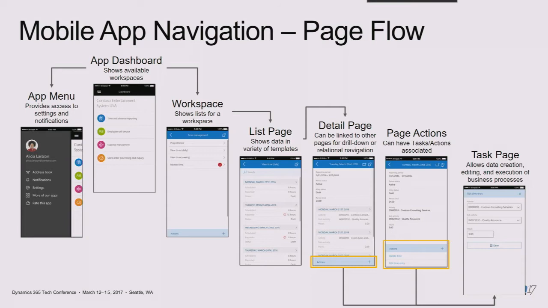From there, you can drill into a given workspace, and some of the basic workspaces just give you a set of lists. What are the key areas that I can navigate into? If I was dealing with sales, I might see a list of sales orders. I might see a list of pending orders in a particular status. I could see a list of customers or a set that's filtered down to some functional area.